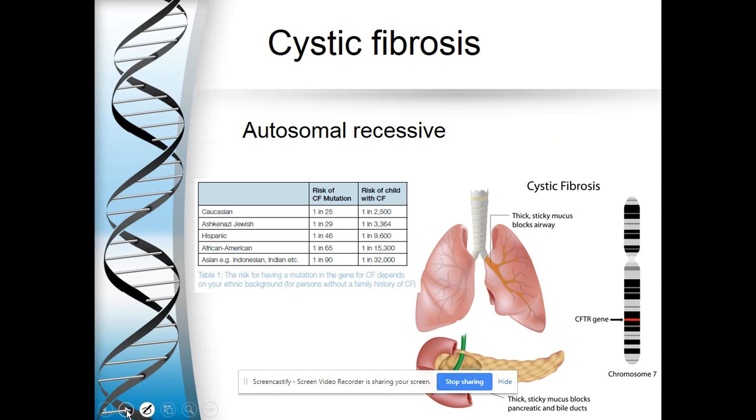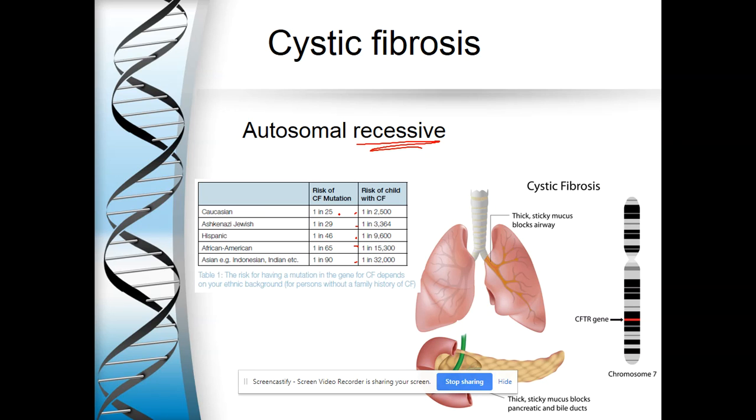Cystic fibrosis is another genetic disorder that is autosomal recessive, so it persists a little more easily because it can hide in carriers, and it definitely is different from one population to the next.